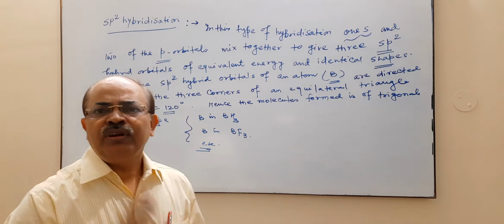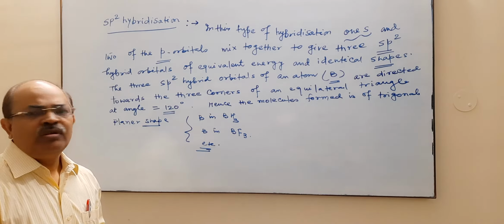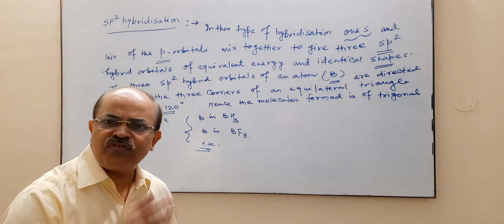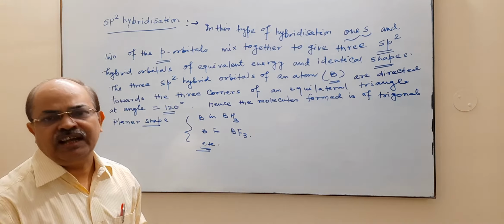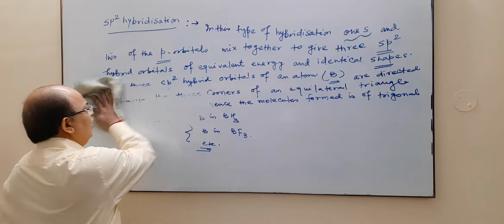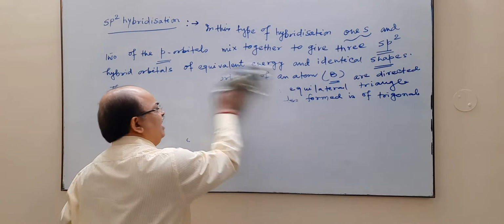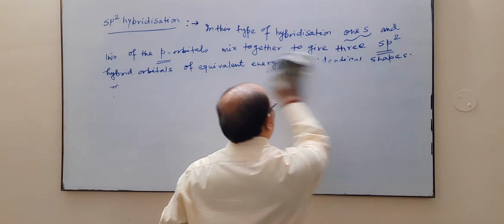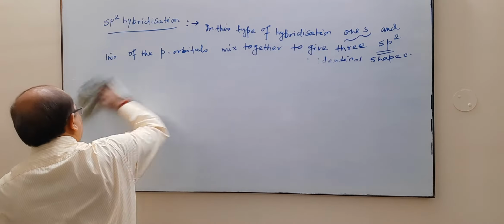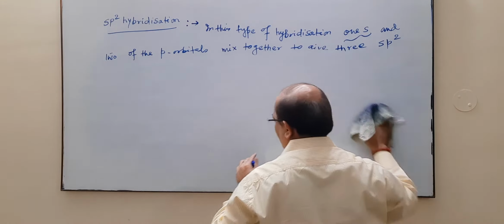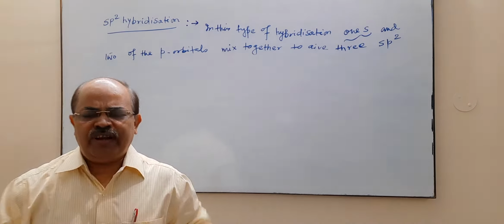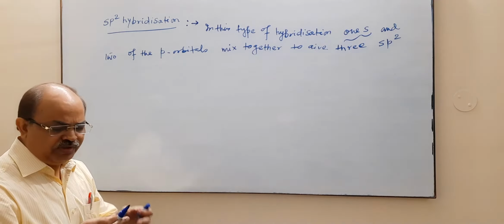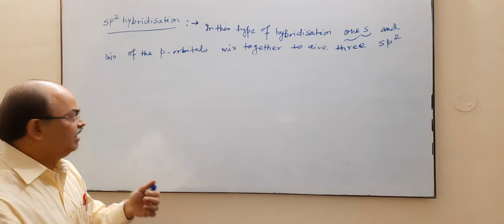Now let us discuss how we can obtain this type of hybridization by representing the pictorial diagram. Say, for example, we have one s orbital, say 2s orbital.